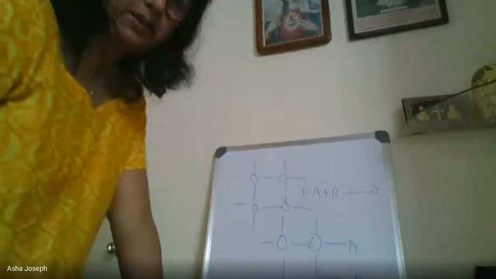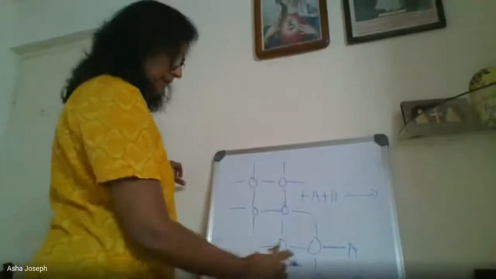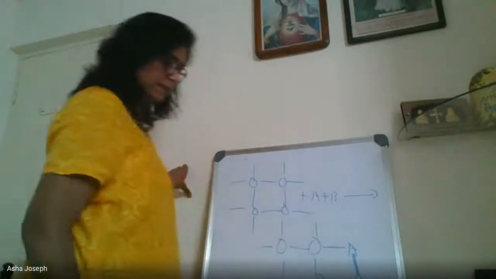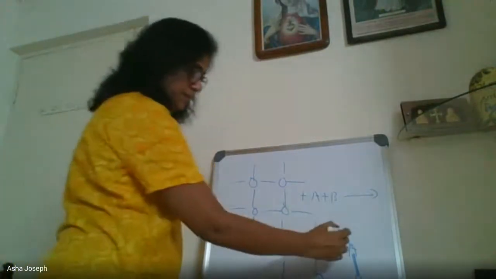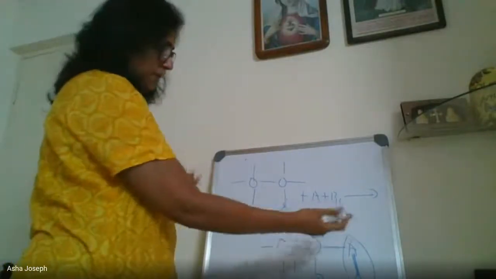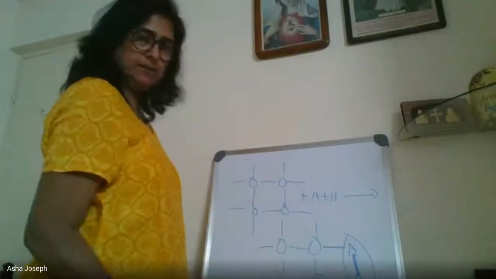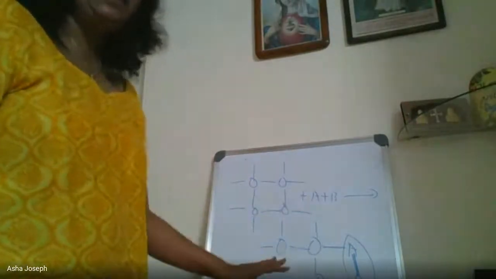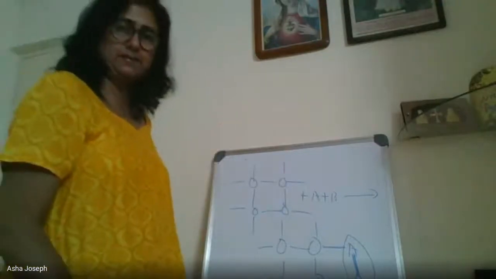This is adsorption. Then the next step, the complex. This is the intermediate complex. This will be formed. The product is AB only, not with the catalyst. All of these are happening on the surface of the catalyst.